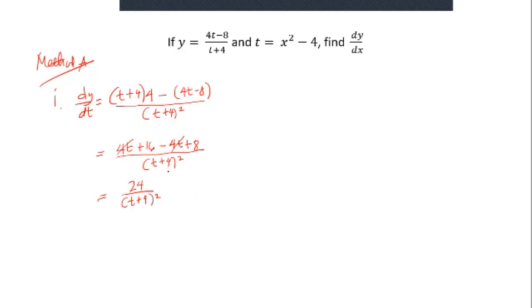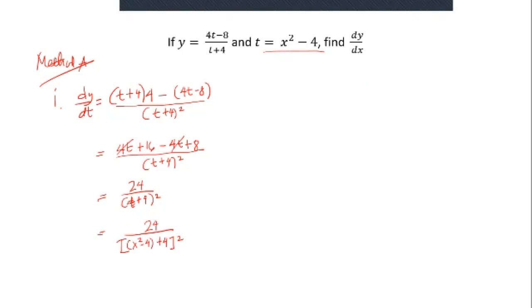Okay, so after you finish getting the derivative dy over dt, I suggest you express it in terms of x, because our final output should be in terms of x. So again, we express dy over dt in terms of x. How do we do that? This t here, we substitute by its value, x squared minus 4. So that becomes 24 over (x squared minus 4 plus 4) squared.